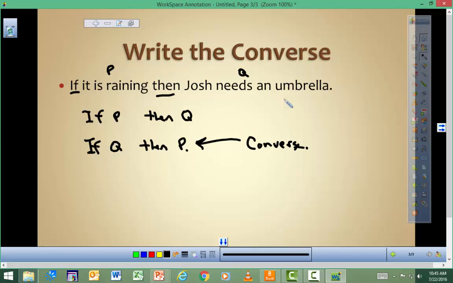This part needs to be first, so I need to say if Josh needs an umbrella, then it's raining.